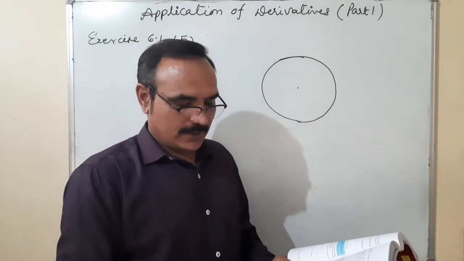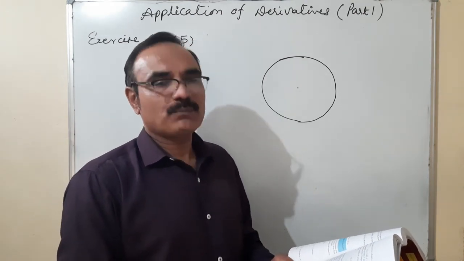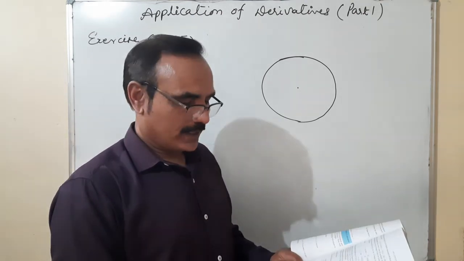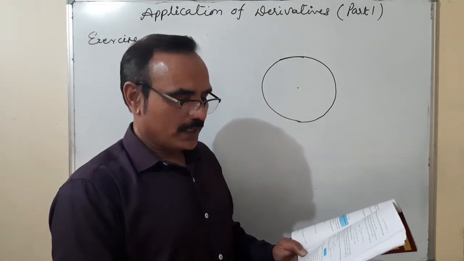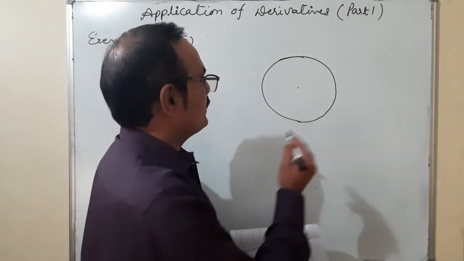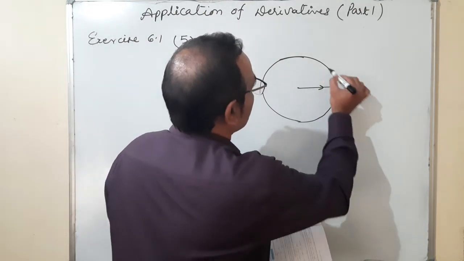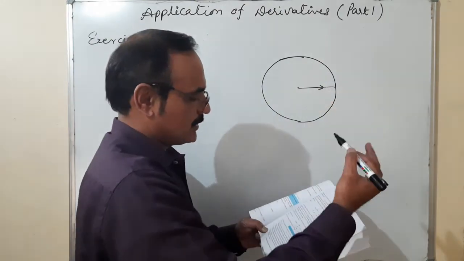The waves move in a circle at the speed of 5 centimeter per second. These are increasing at the rate of 5 centimeter per second.